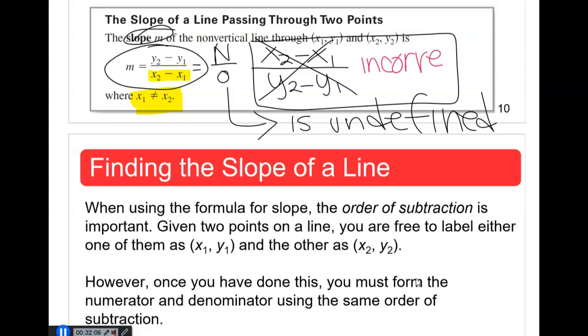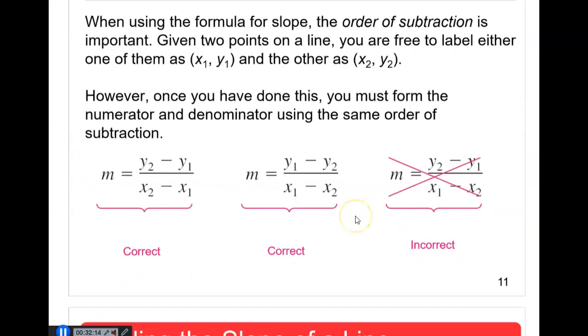Never, and it's a very common mistake, but please don't do it, never put the x values on the top of the fraction. So you could consider this point here to be x sub 2 and y sub 2, and you could think of this point as x sub 1 and y sub 1.